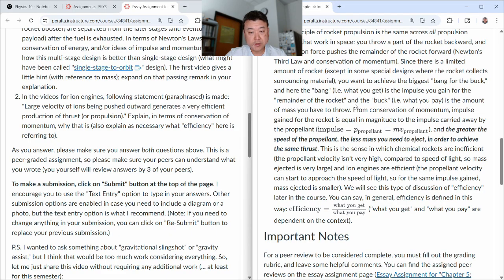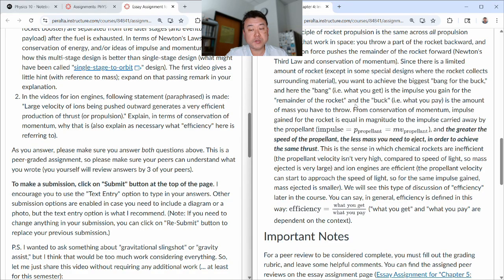From conservation of momentum, impulse gained for the rocket is equal in magnitude to the impulse carried away by the propellant. Impulse is equal to momentum of the propellant, which is the mass times the speed of the propellant, mass also of the propellant. And the greater the speed of the propellant, the less mass you need to eject in order to achieve the same thrust.